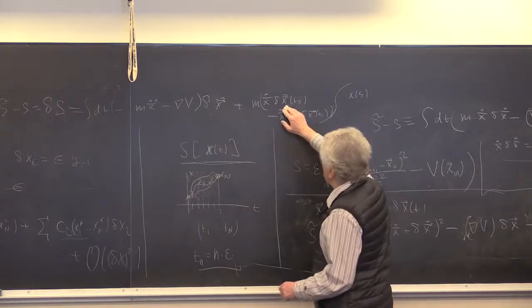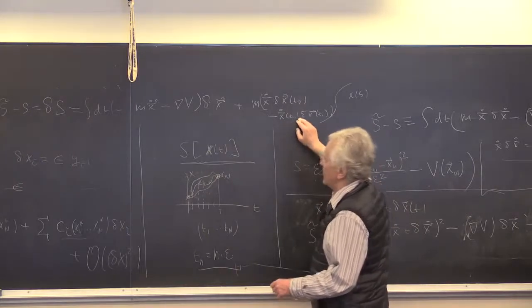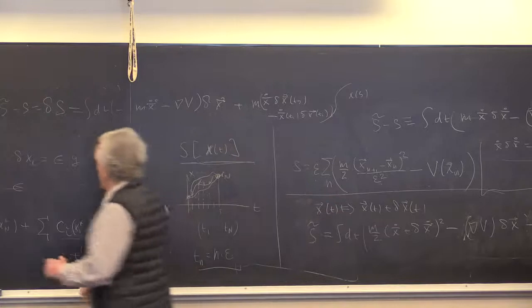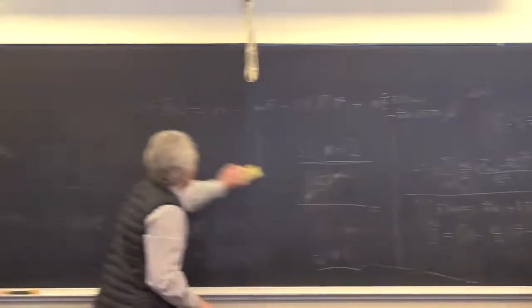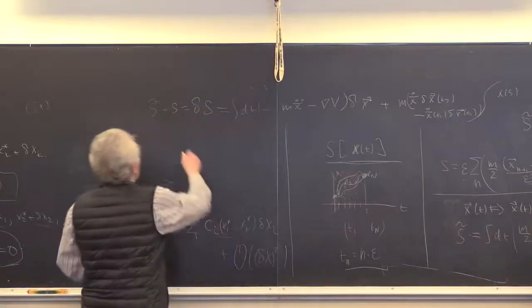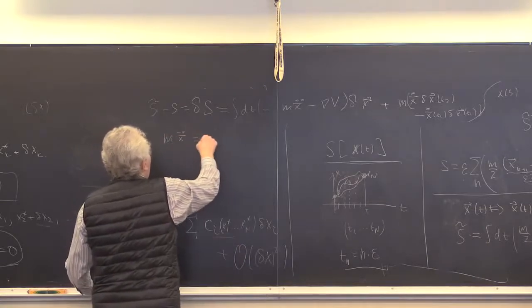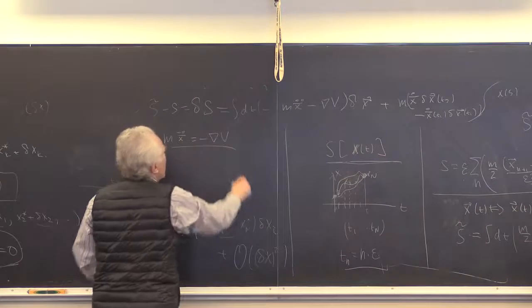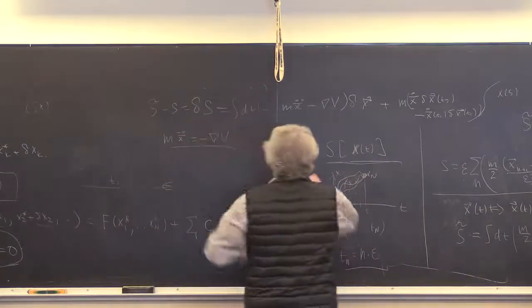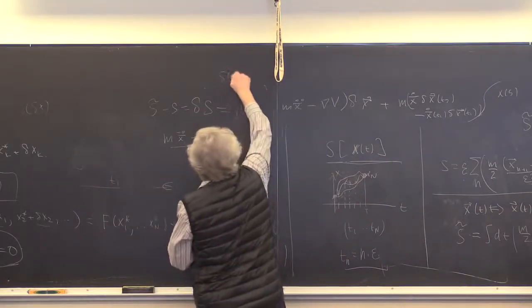Therefore, delta x at t2 and delta x at t1 are 0. And we derive the Newton equation as a condition that delta s is 0.